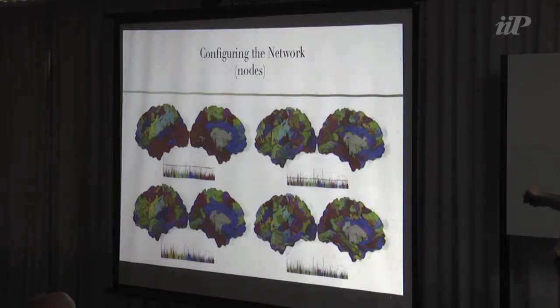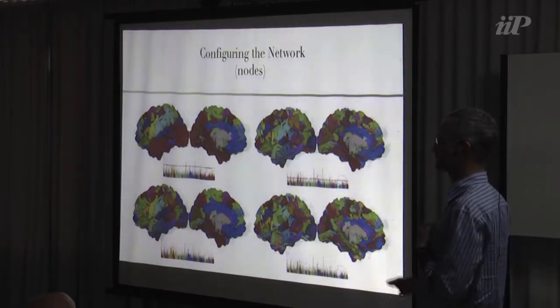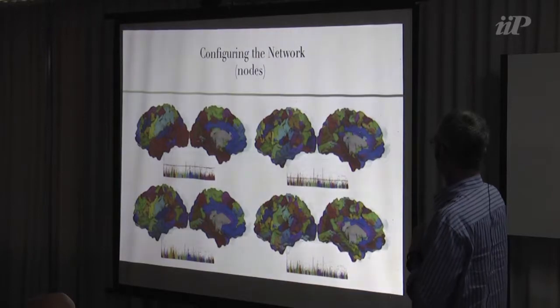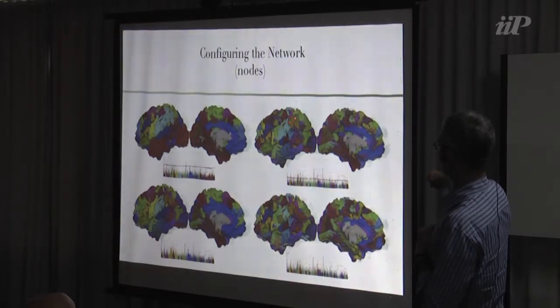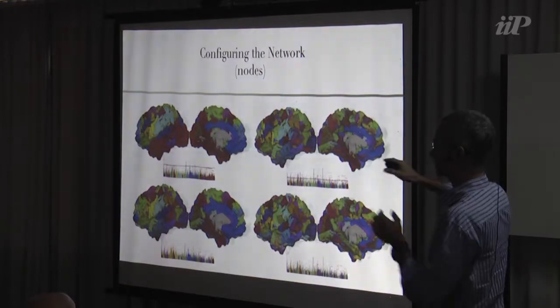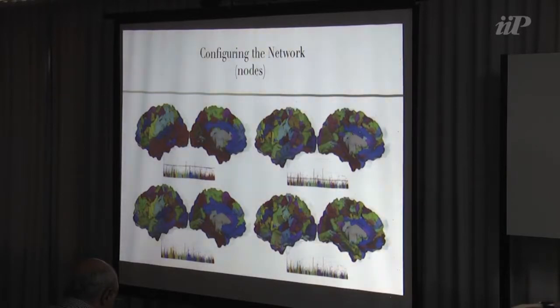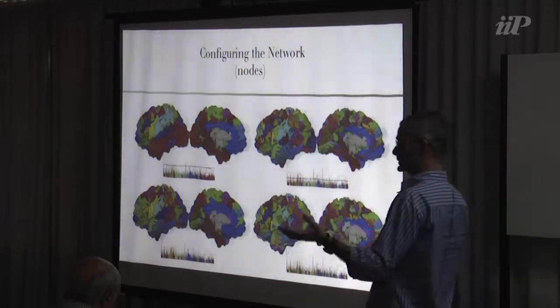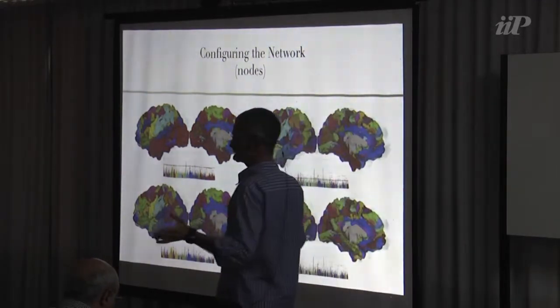Yes, my 106 ROIs are specific areas anatomically defined. For these areas, I have a couple of voxels inside, and I average these voxels inside this area, and I have one time series. So for each one of these 106 areas, I have one time series. And what I do is correlate them pairwise.